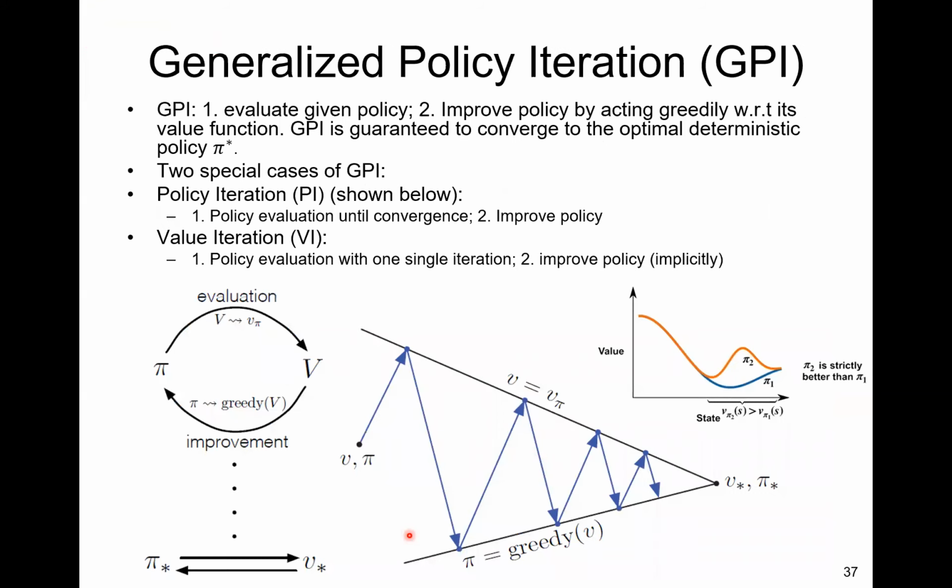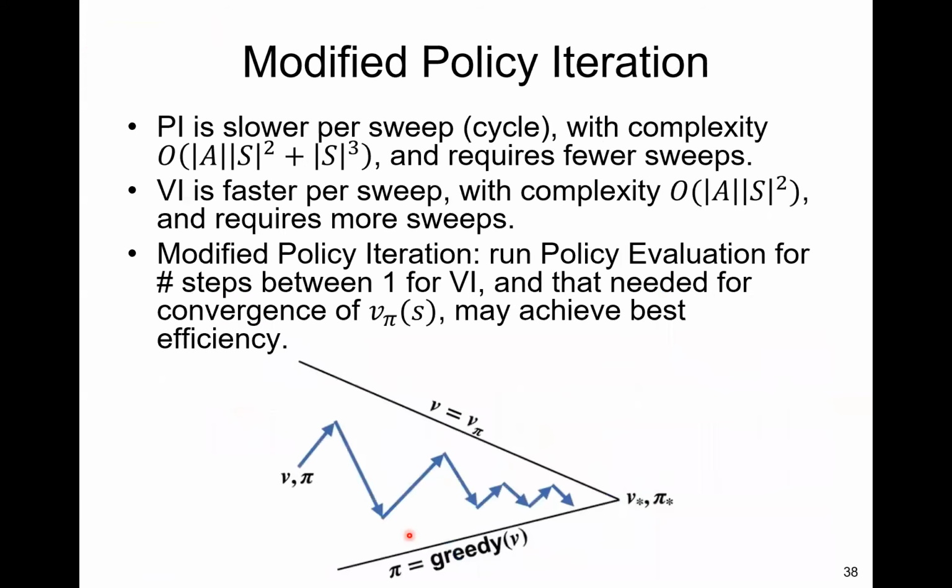So generalized policy iteration is a general form where you iterate for a given number of steps of policy evaluation, but not all the way to convergence, because that may be slow. You simply run it for a fixed number of steps, and then do a step of greedy policy improvement, and then another round of policy evaluation and improvement, and so on.